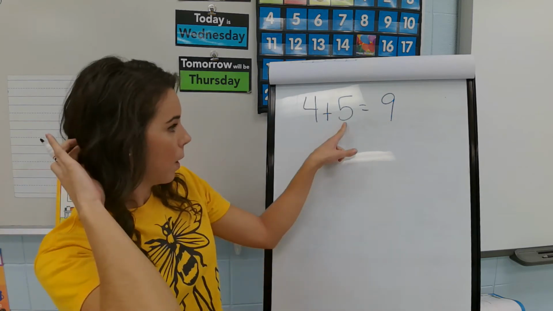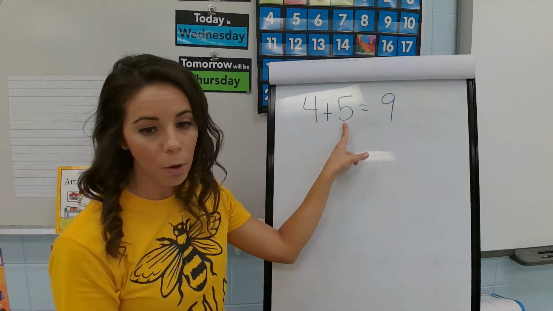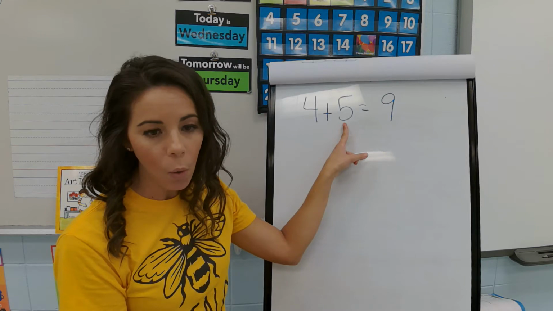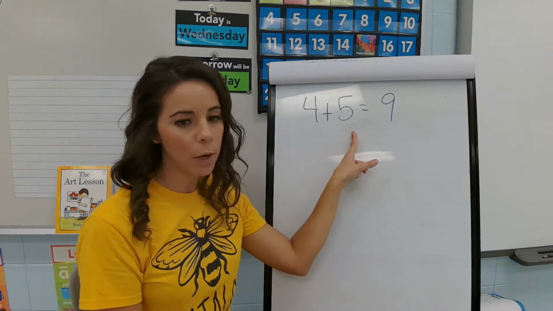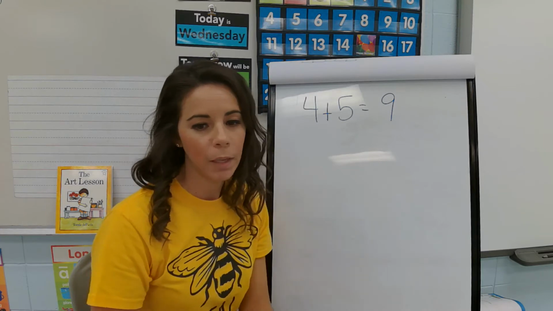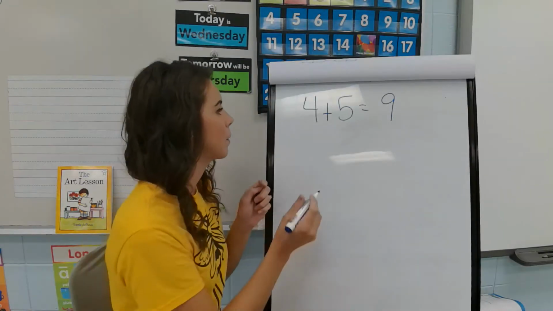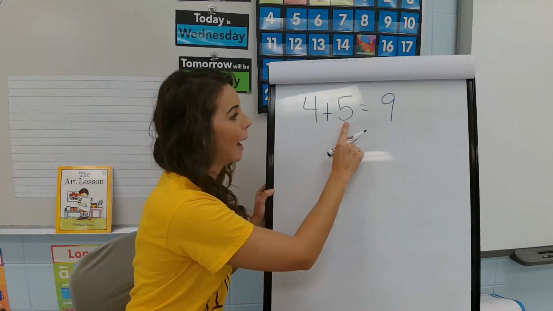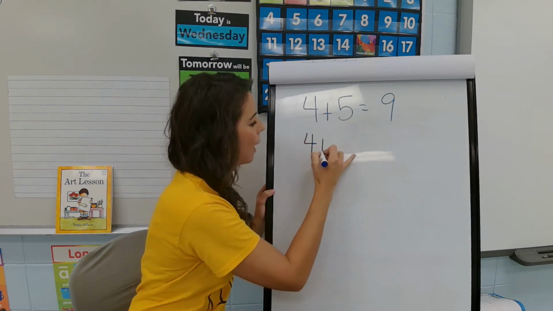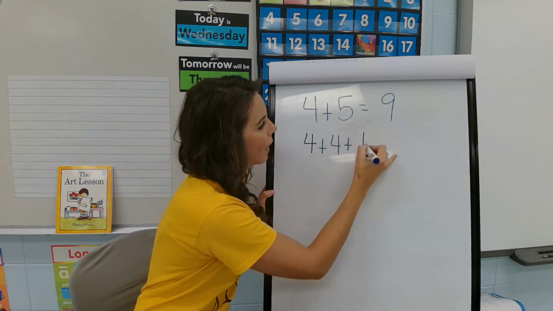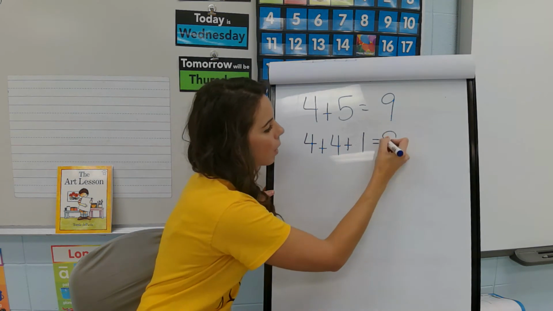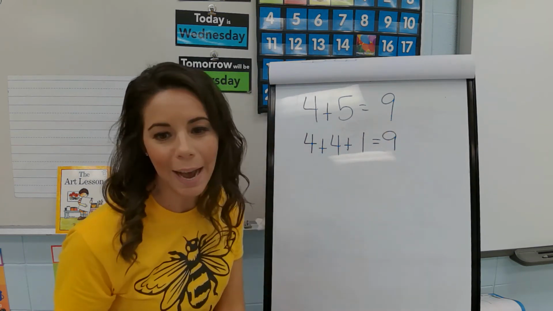Okay, now if we wanted to use this as a doubles, we could borrow 1 from our 5, right? So what double could we do? Let's see, well, 1 less than 5 is going to be 4. I know that 4 plus 4 equals 8, and I've got to add 1 more to get to my 9.